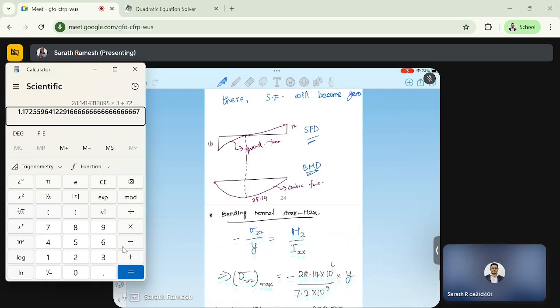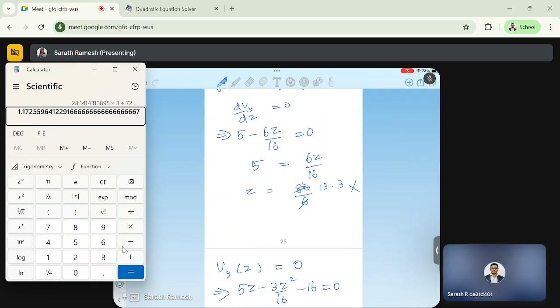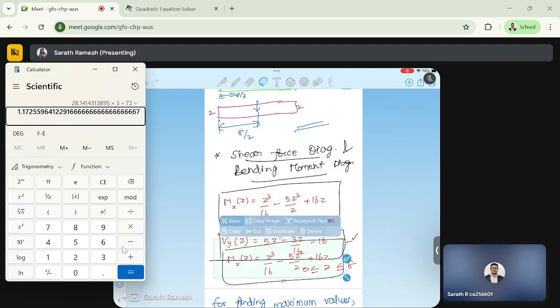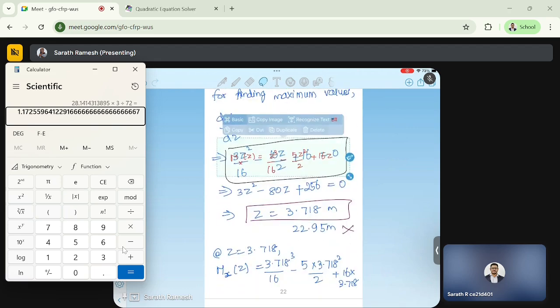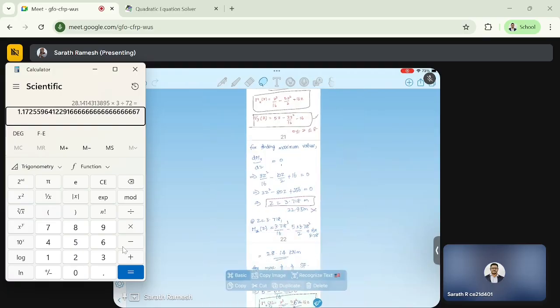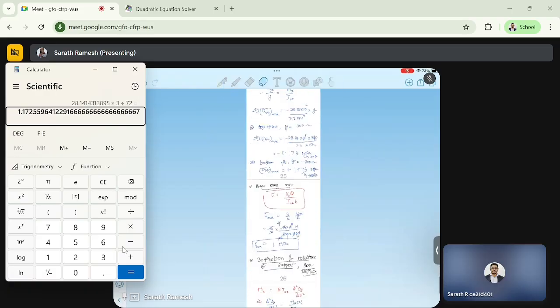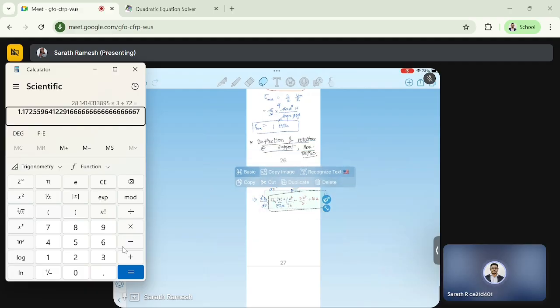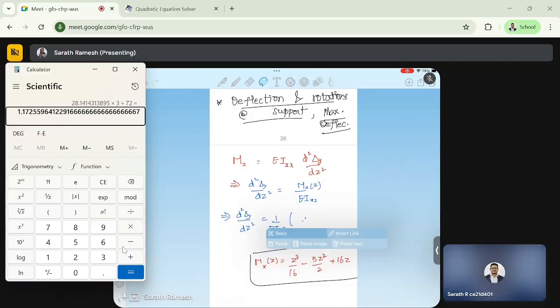Okay. Let me just duplicate. There's some issue. Seems like. For this time, I would have written this equation. Okay. Anyways.